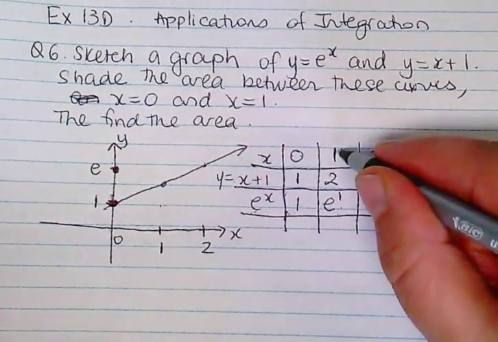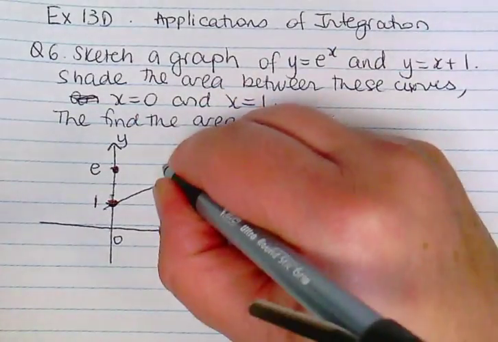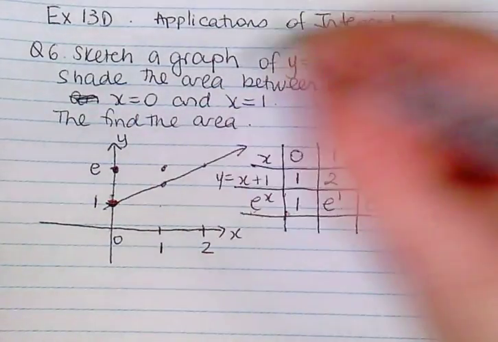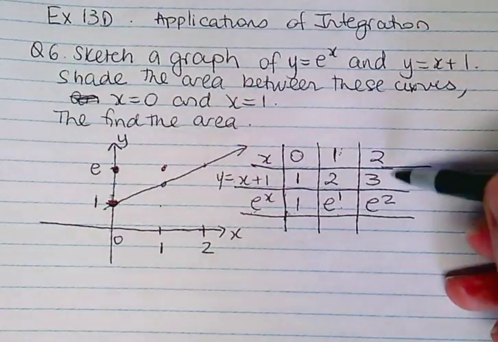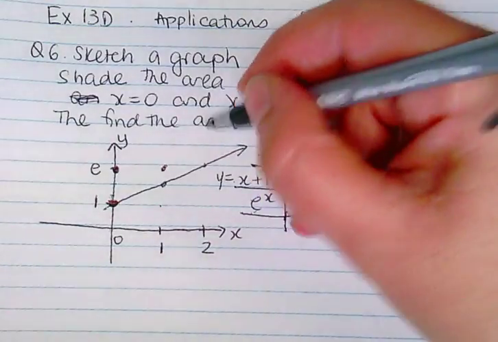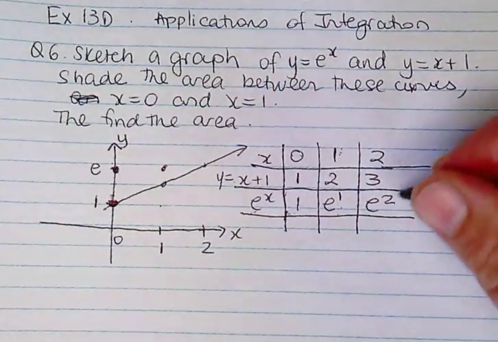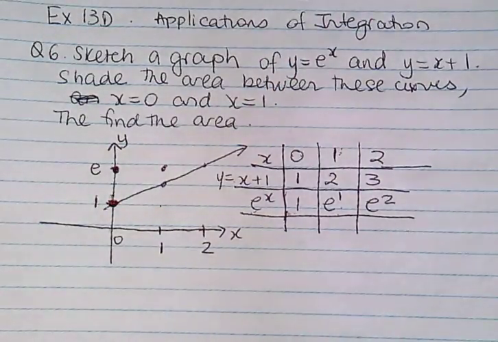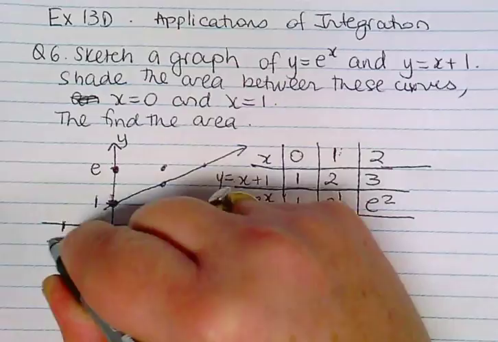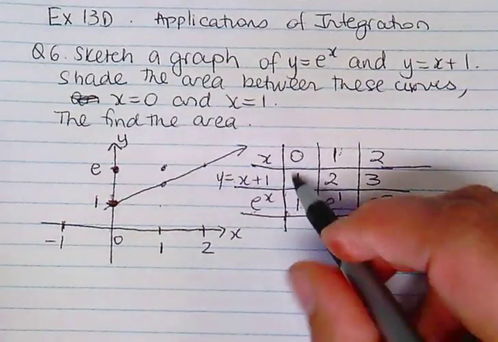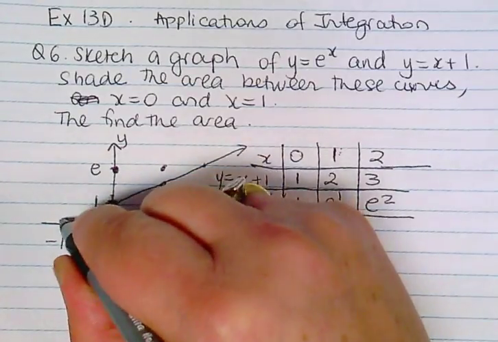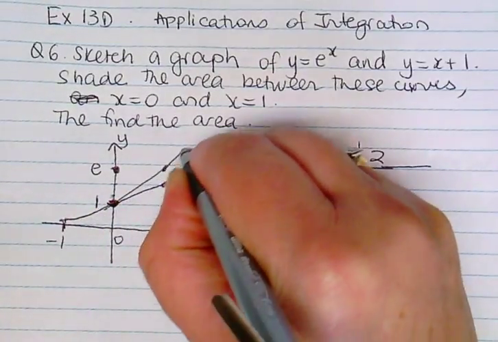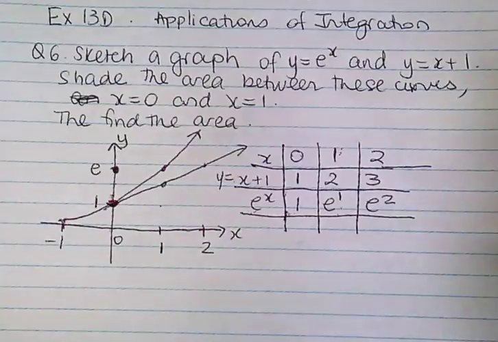When x is 1, I get e, which is up here. When x is 2, I get e squared, which is approximately 8 point something. This curve, I can put the -1 in here as well. When x is -1, we get 1 on e, which is a little fraction down here. So it actually looks like this, and it would continue to go up there.